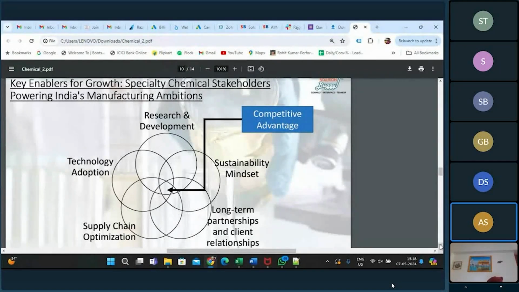That is why a lot of players in specialty chemicals are majorly working on sustainability, developing biodegradable or absolutely non-toxic products, or replacing hazardous products so that the overall carbon footprint is reduced, or tremendous energy savings can come up.